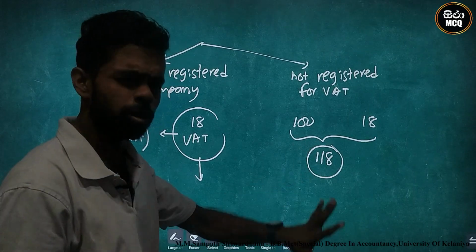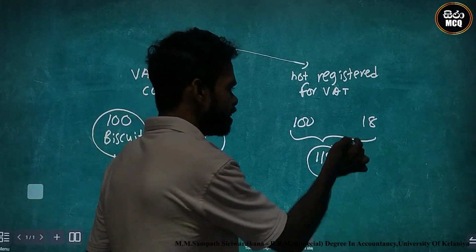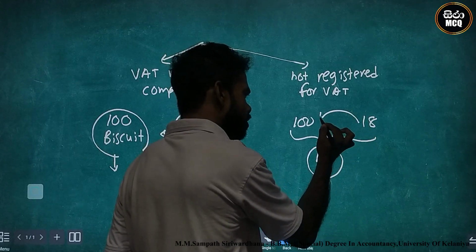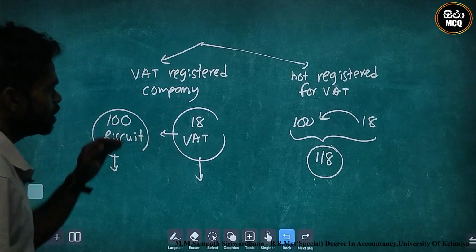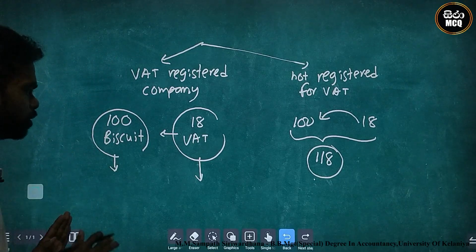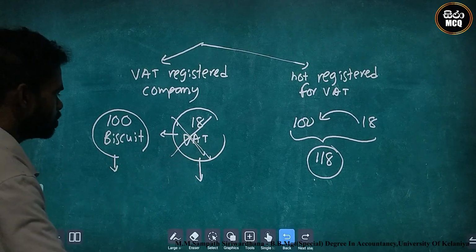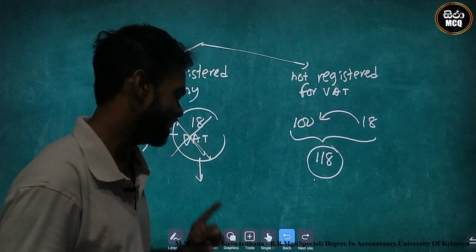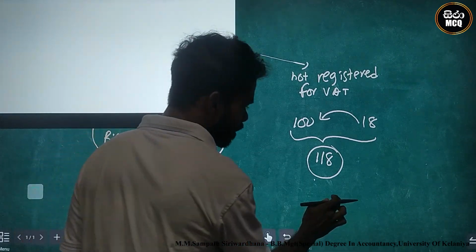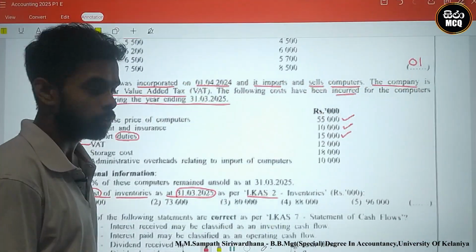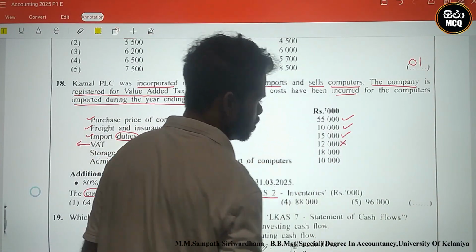There is no VAT account, only the biscuit. Therefore, VAT can be included in the biscuit account. Biscuit means inventory. But the VAT registered company cannot include this VAT in inventory. Therefore, can we include the value in inventory? No, we cannot. The VAT value we cannot include in inventories.